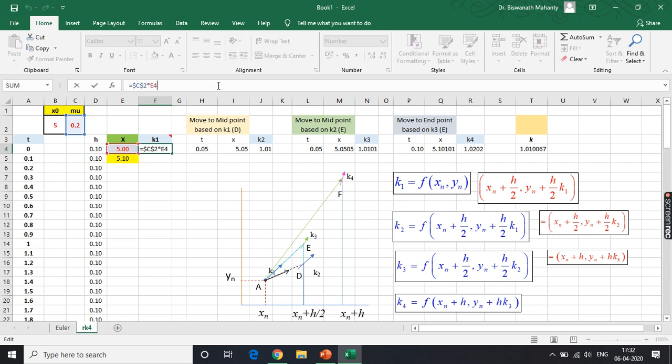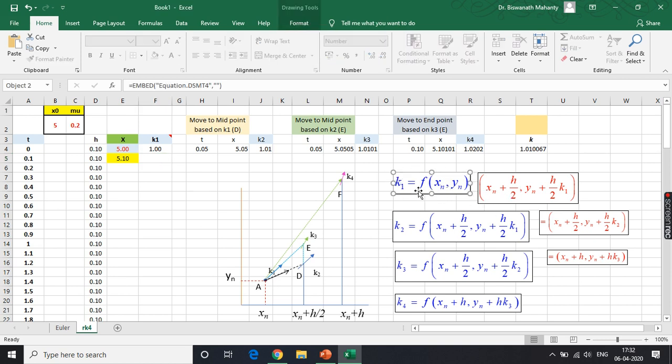Essentially I know the mu value, so the k1 value, the slope value, is mu x, because dx/dt is mu x. So slope is mu into the corresponding x. That is the first slope, this k1 value I calculated. That is very simple.